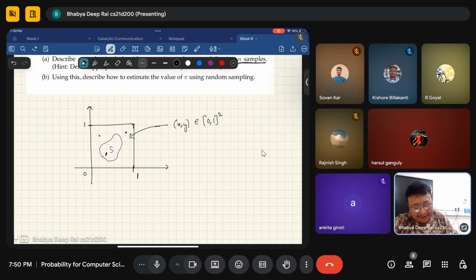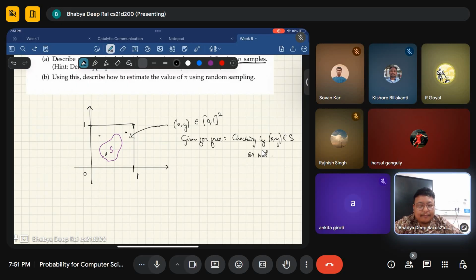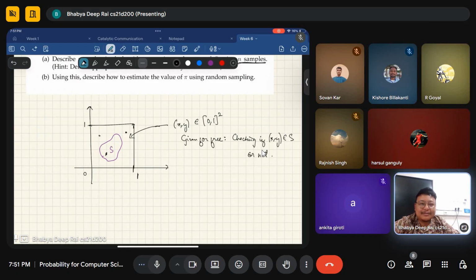But what is given to you for free is checking whether x comma y belongs to S or not. You can check that easily. Oh, I see. And x can have any real value between 0 and 1.